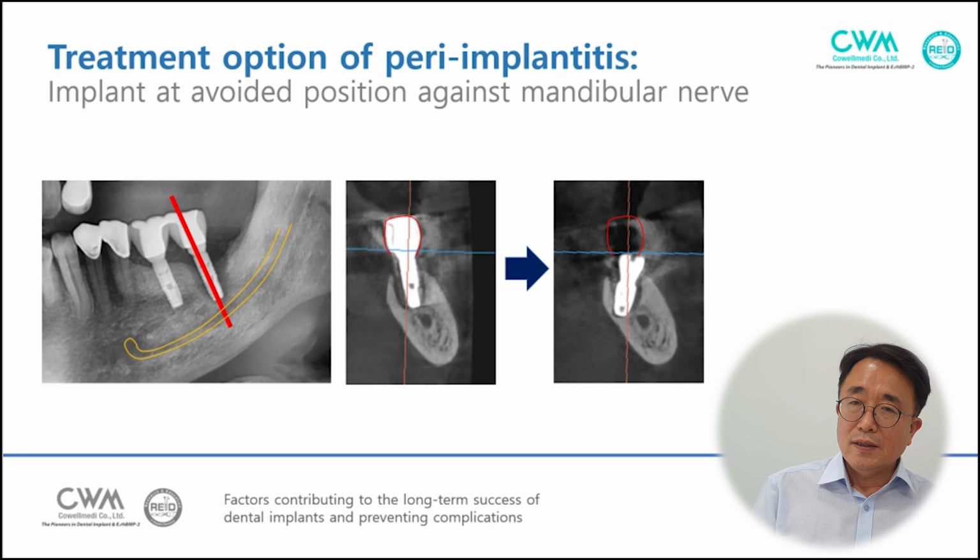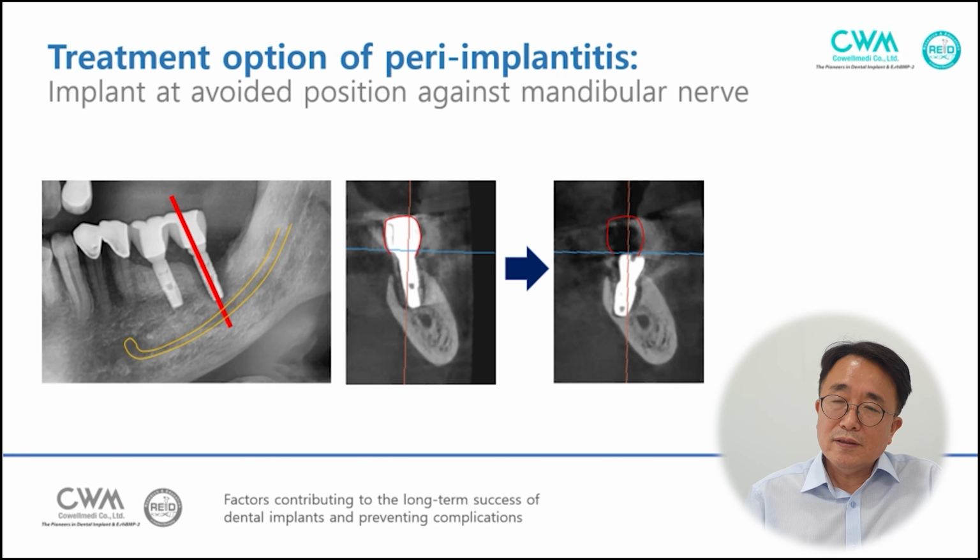So this one. The peri-implantitis is extended to the apical side. So if you cut the bridge restoration, this implant is removed without therapy. And then the implant is placed to the lingual side.